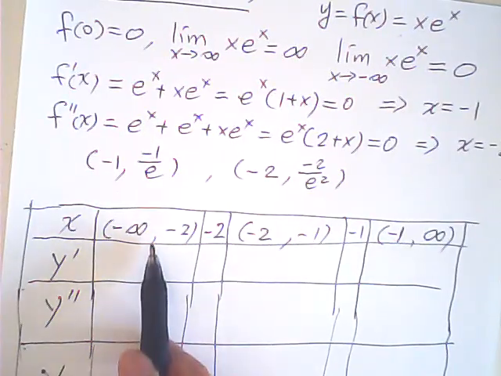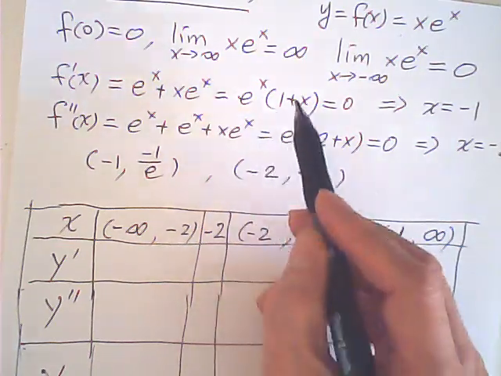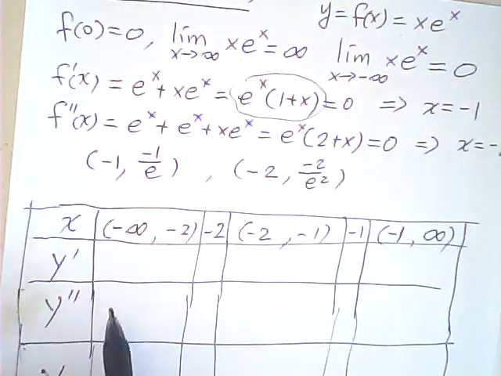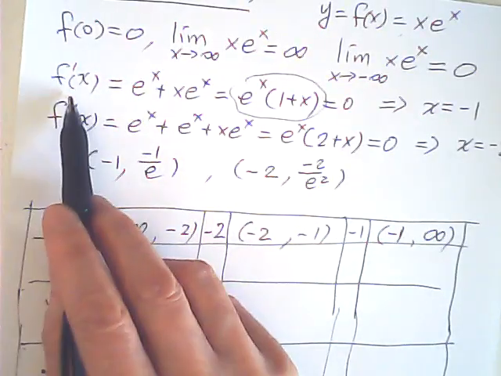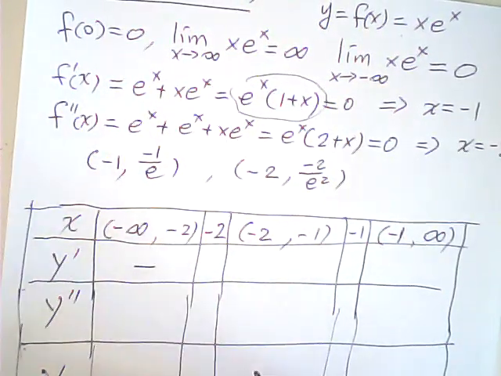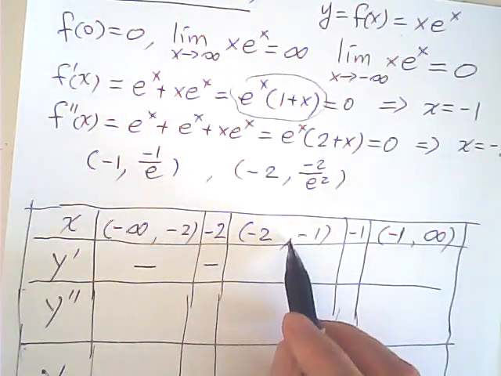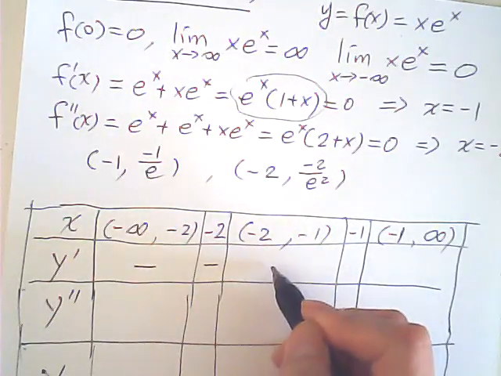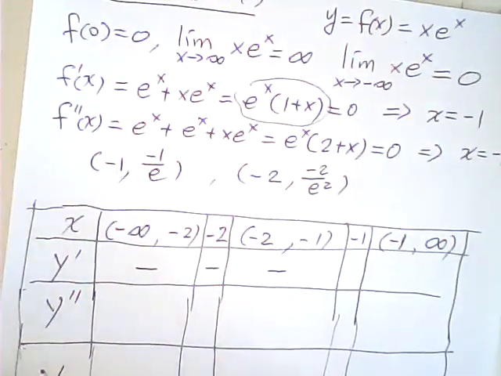During these intervals, we check my first derivative. In this interval, the first derivative will be negative. At negative 2 it is negative. When x is less than negative 1, it is negative.